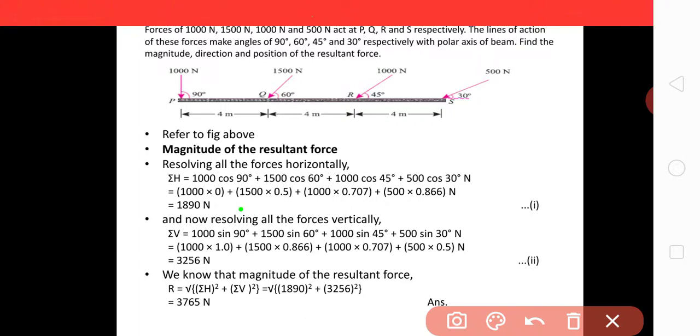Now, resolving all the forces vertically using the same concept, it comes out to be 3256 Newton.